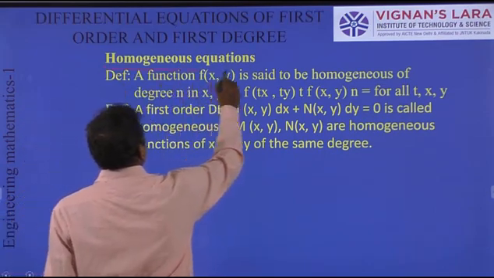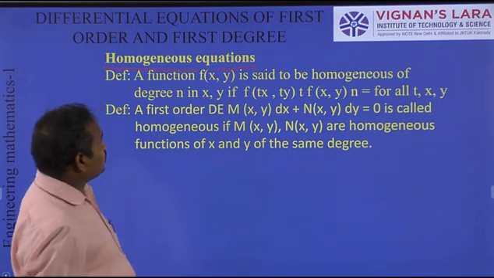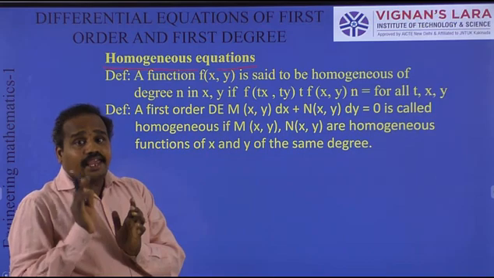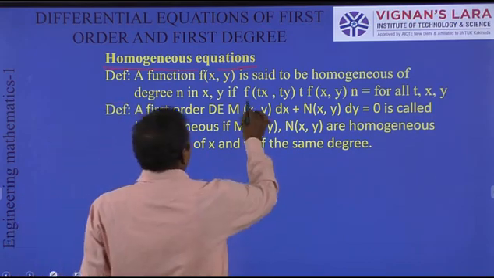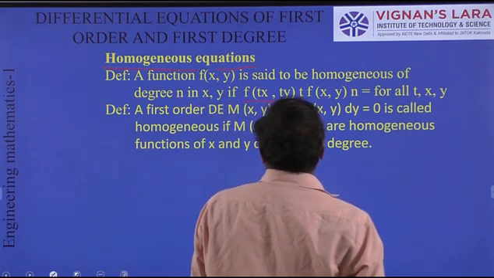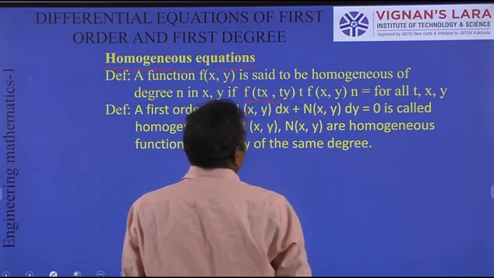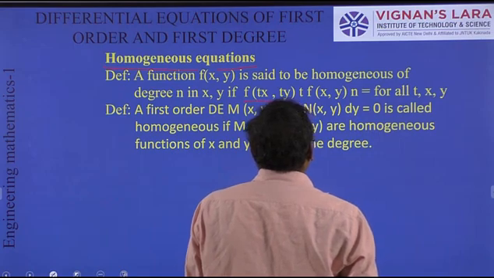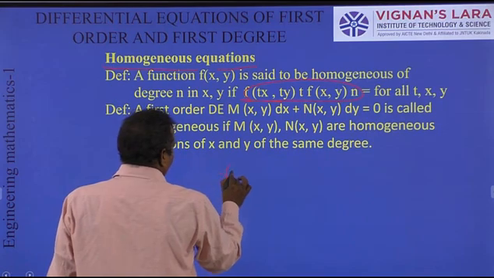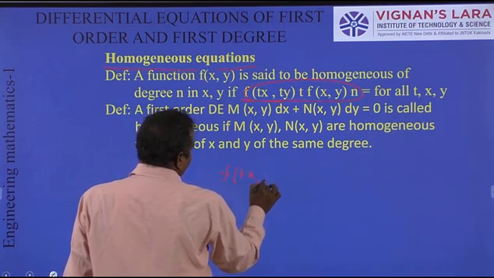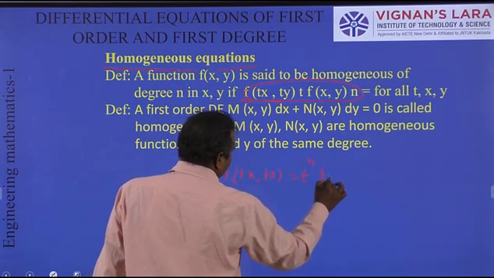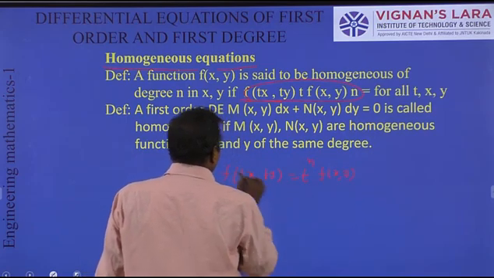homogeneous equation. So what is a homogeneous equation? A function f is said to be homogeneous if f of tx comma ty is equal to t power n into f of x comma y.